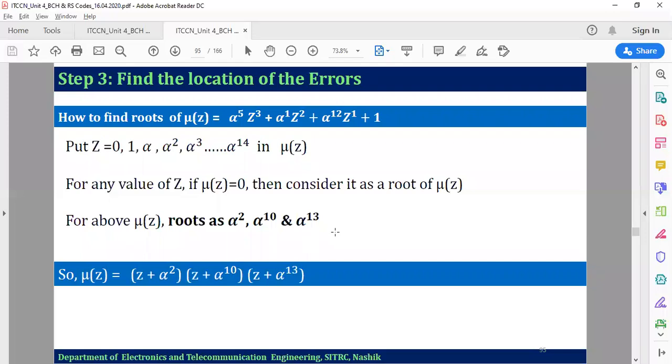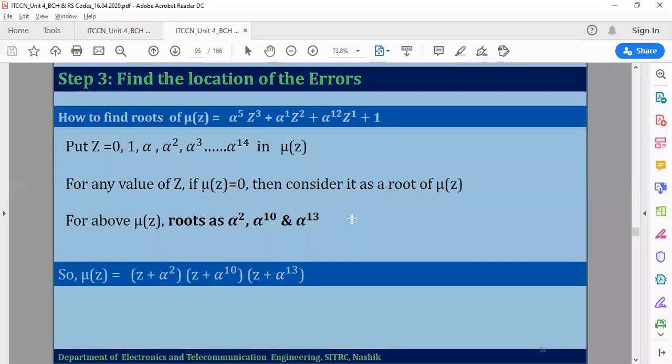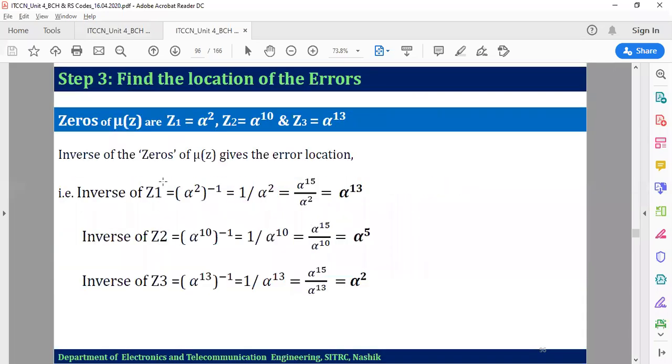These are the zeros of the given polynomial. Is this clear? Okay, clear. So zeros are alpha square, alpha 10, alpha 13.